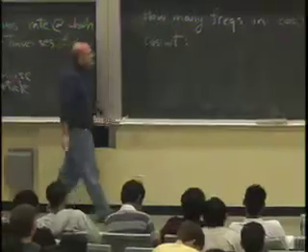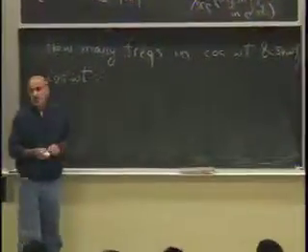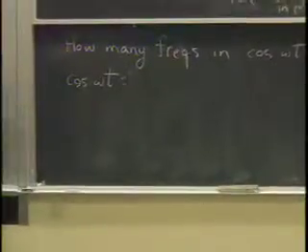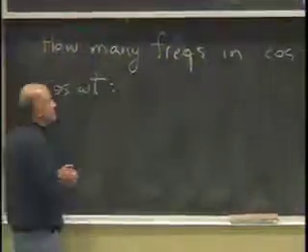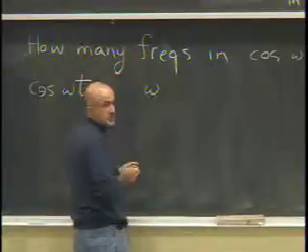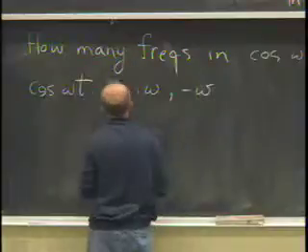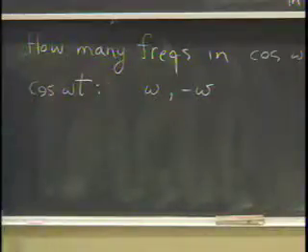Okay, cosine omega t has how many complex exponentials in it? What's the frequency of the first complex exponential? Omega. What's the frequency of the next complex exponential? Negative omega. What's the difference between omega and negative omega? Direction of the rotation.